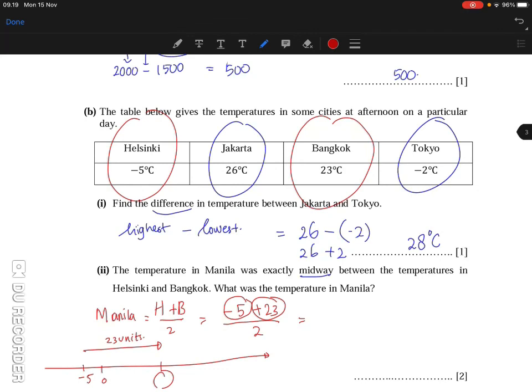Now between 23 and 5, I need you to find the difference between them, so you have to minus the highest with the lowest. 23 minus 5, so you will have 18. Positive 18 divided by 2, so you will have 9. So this is going to be 9 Celsius here.